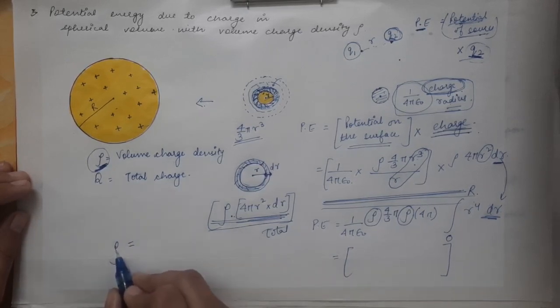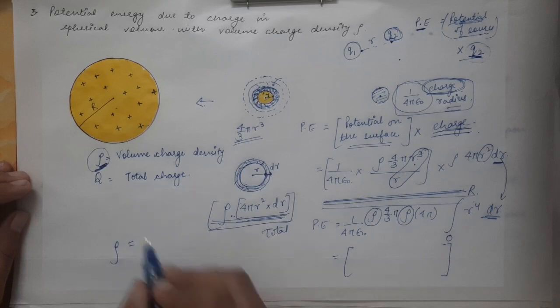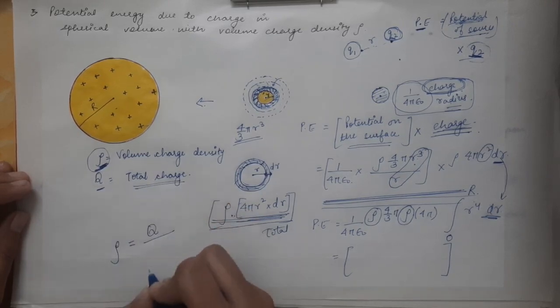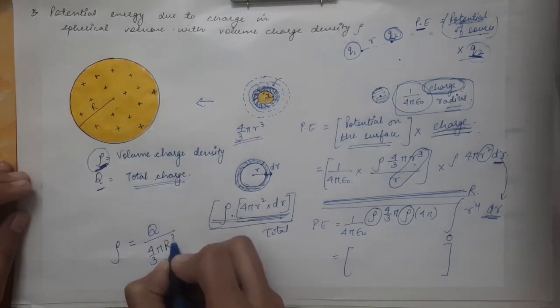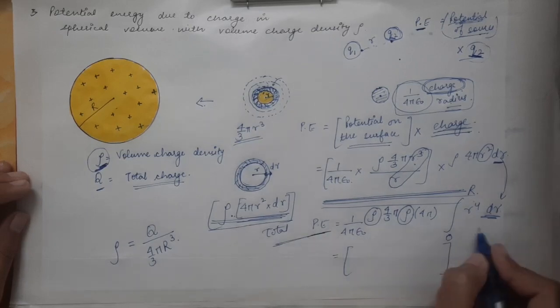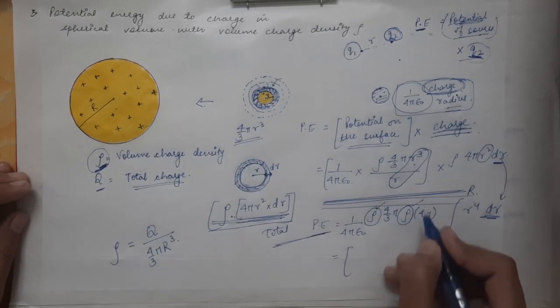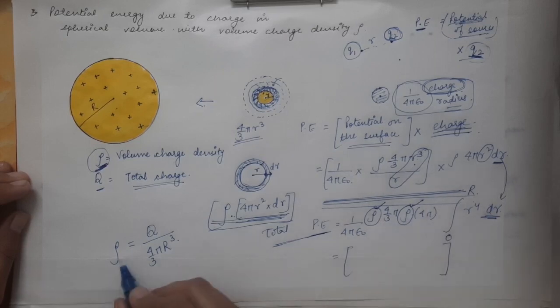Now what is rho? It is the charge present in unit volume, or you can say total charge divided by total volume of the sphere. Now total charge we have assumed to be capital Q, and total volume of the sphere is equal to 4 by 3 pi R cube. So when you solve the total potential energy formula, you will get an expression in terms of rho, and at last you have to insert the expression of rho as Q by 4 by 3 pi R cube.